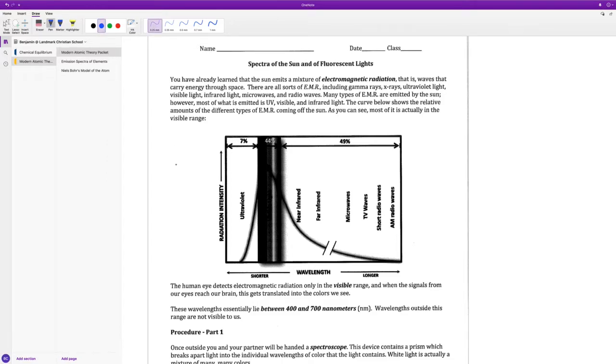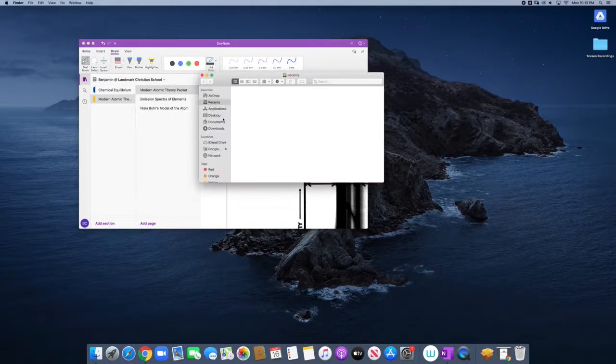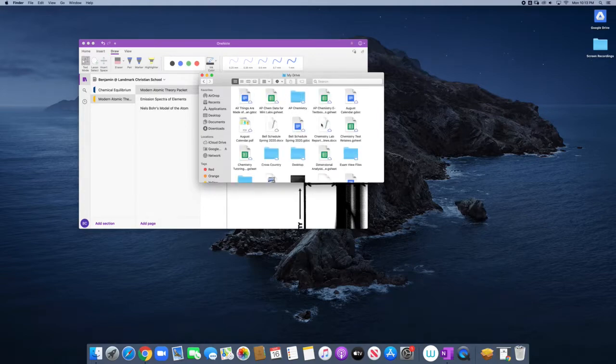So if you take a prism and you let some sunlight shine through a prism, let me show you what I'm talking about. I should have a little picture of a prism somewhere in my files.